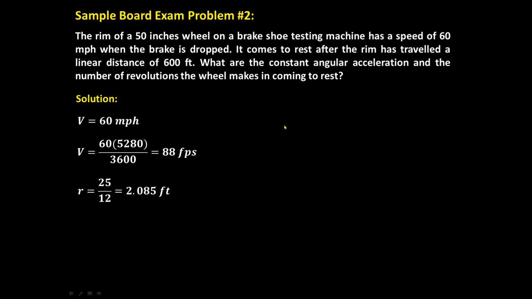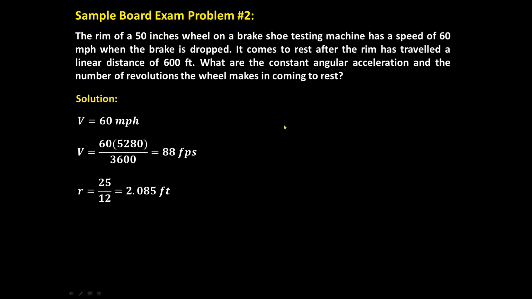Sir, ano po kasi, yung 50 inches po para pong diameter yan. So, ginawa po niyang radius, kaya po 25. Tapos po, para i-convert po yung inches to feet, kailangan mo po siyang i-divide sa 12. Exactly. So that's very good. Yung 50 inches is actually the diameter of the wheel and the half of it is actually the radius. It is actually equivalent to 25 inches.